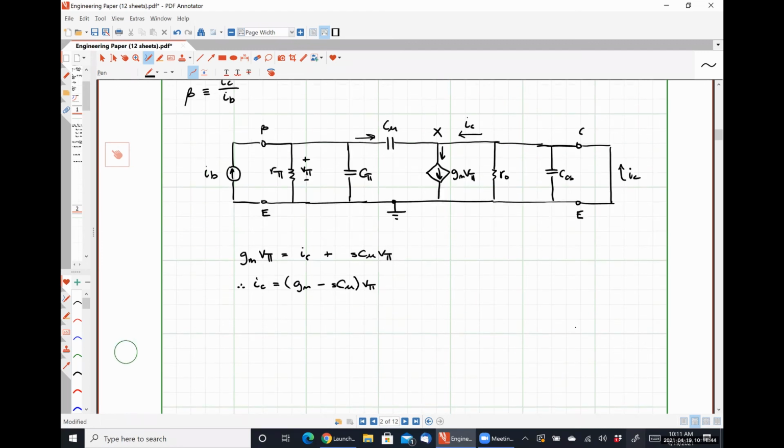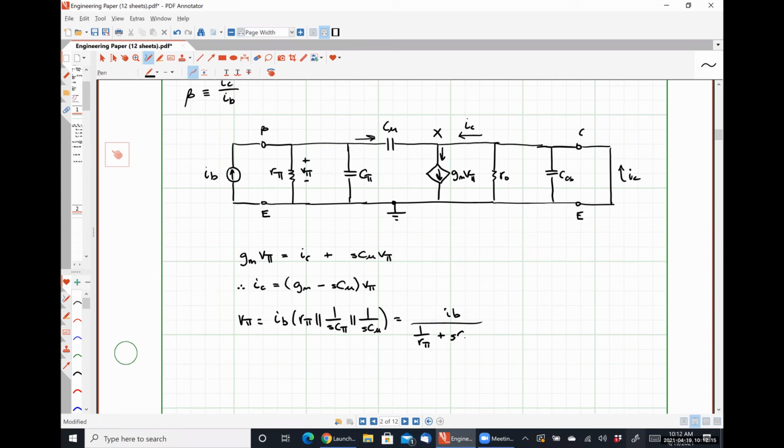All right. So using Ohm's law, we get V pi is equal to IB times R pi in parallel with 1 over S C pi in parallel with 1 over S C mu, which is going to look like IB divided by 1 over R pi plus S C pi plus S C mu.